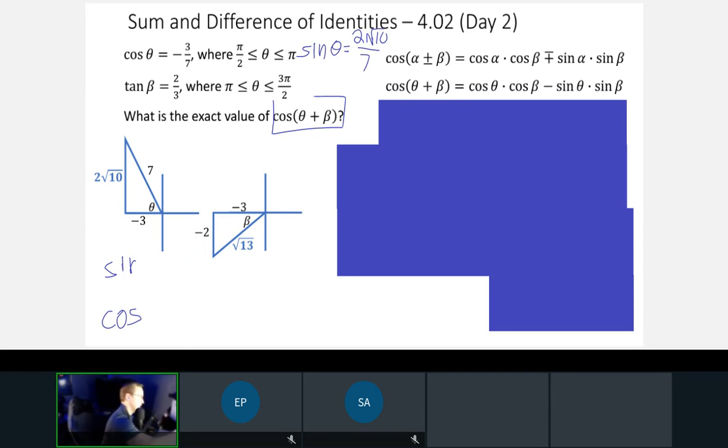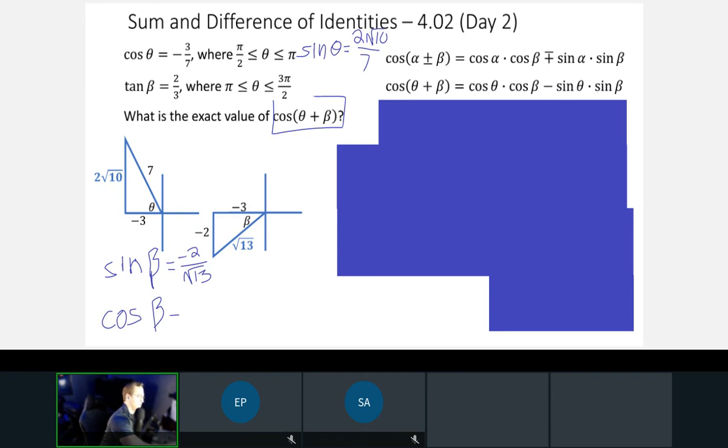So we want sine of beta. All right. So looking at beta, sine is opposite over hypotenuse. So we're going to have -2 over radical 13.